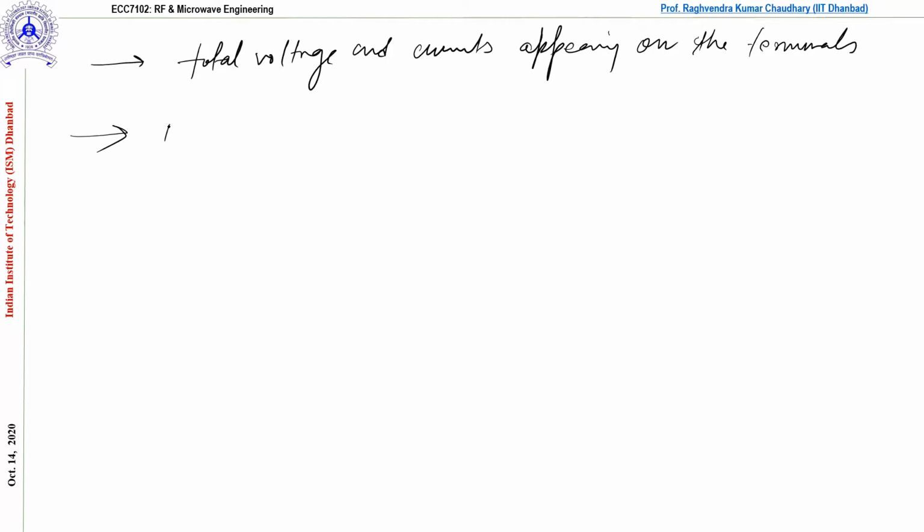The first problem is that it is difficult to measure the total voltage and current.